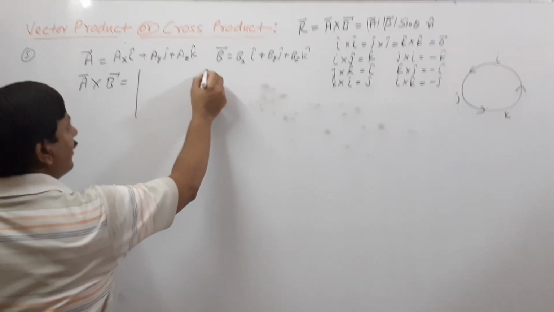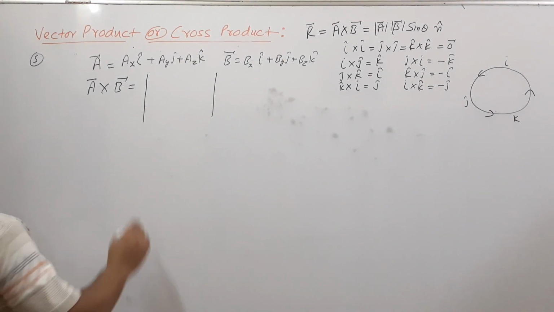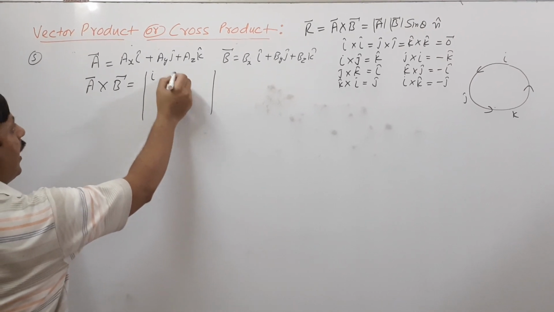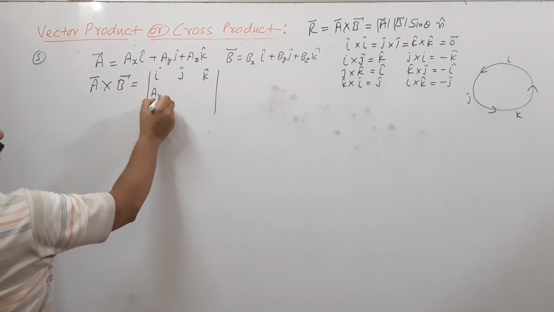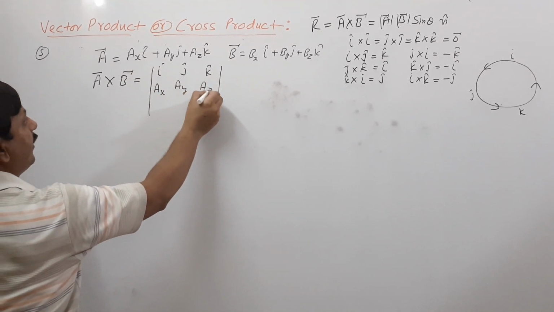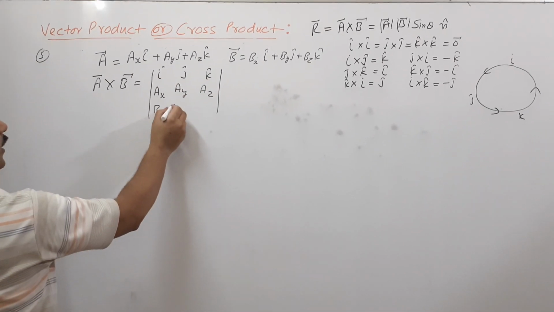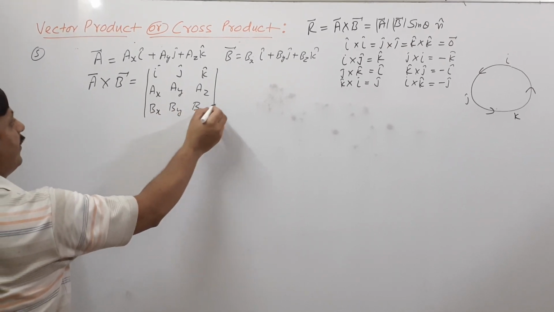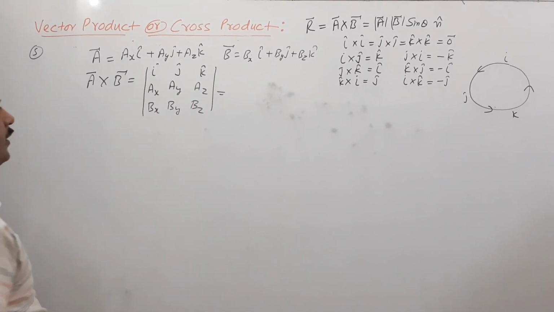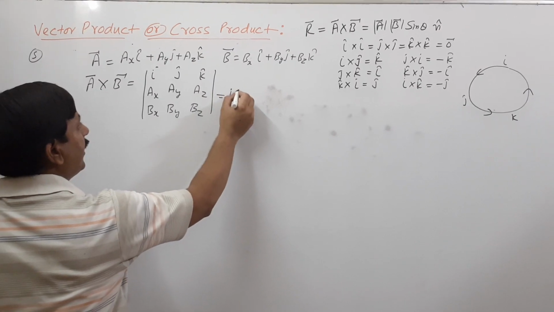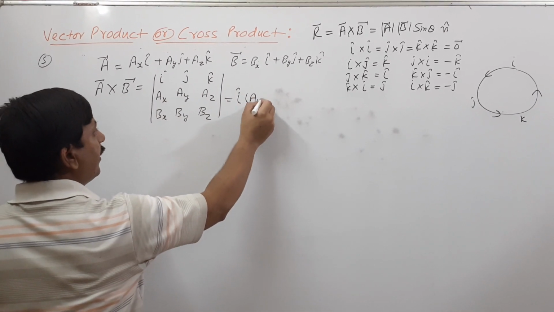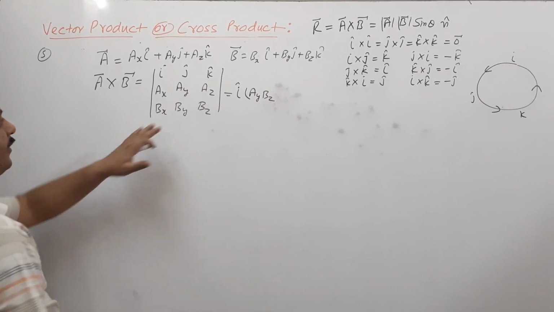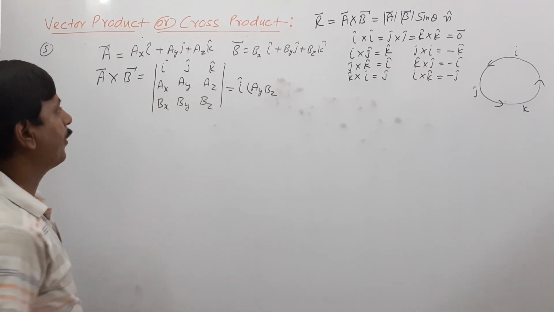We can apply the matrix rule, a determinant with rows i, j, k; ax, ay, az; bx, by, bz. As we know, the determinant is i times, this is easy to remember. Actually, this will be the formula.